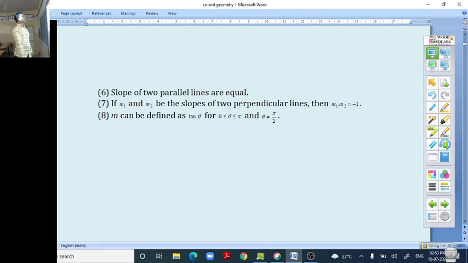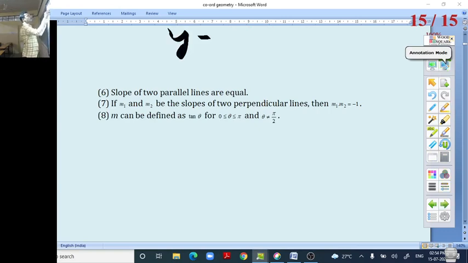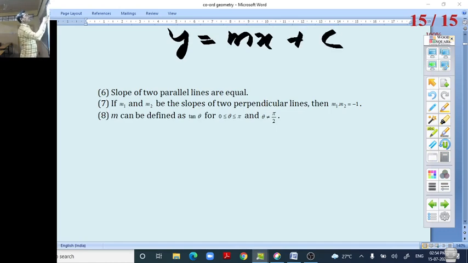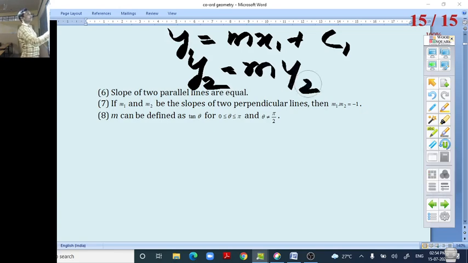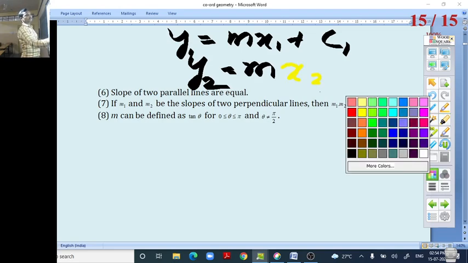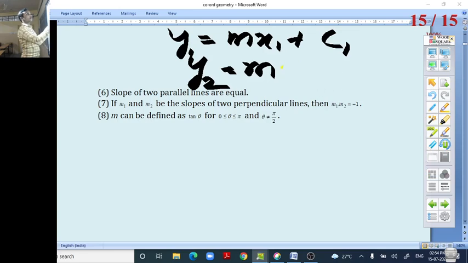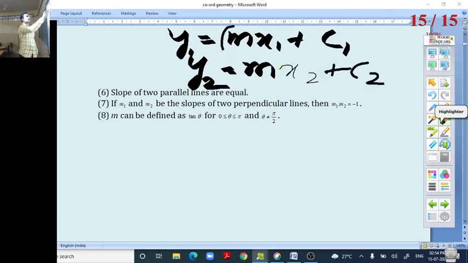Moving on, the sixth point: slopes of two parallel lines are equal. If there are two lines, y1 equals m x1 plus c1 and y2 equals m x2 plus c2, then I can say that these two lines have the same slope.